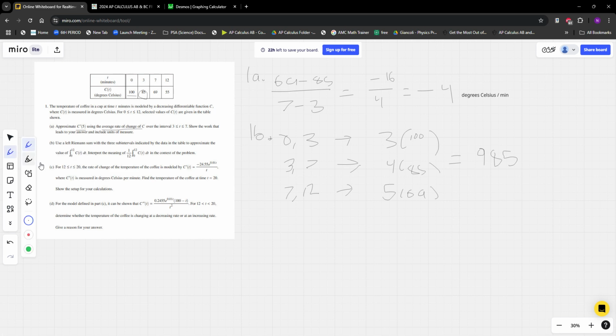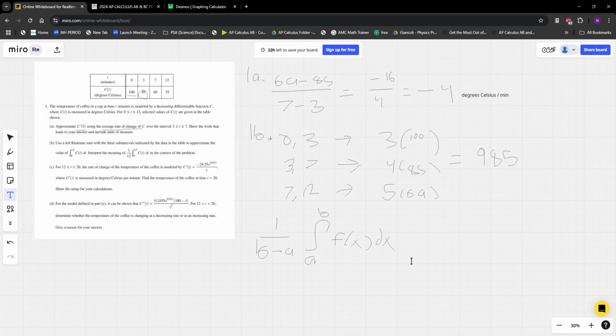So it says interpret the meaning of 1/12 of the integral from 0 to 12 of C of t. If you didn't know, the average value of a function on an interval is 1 over b minus a times the integral from a to b of f of x dx. So this right here is in the form of this.